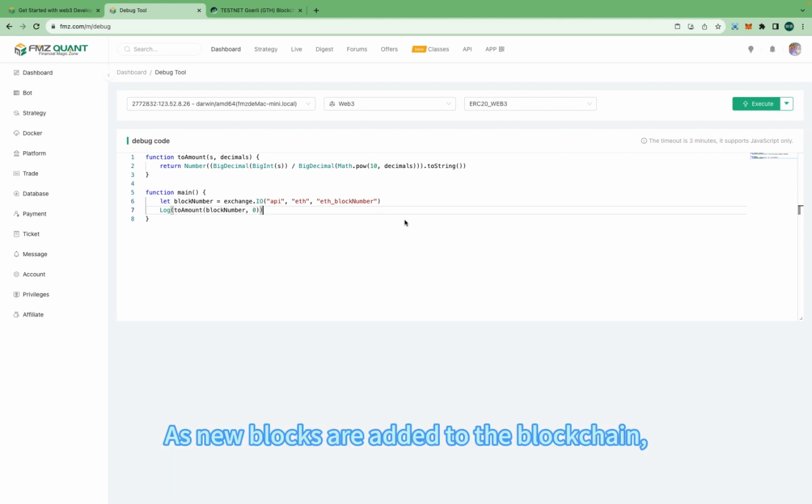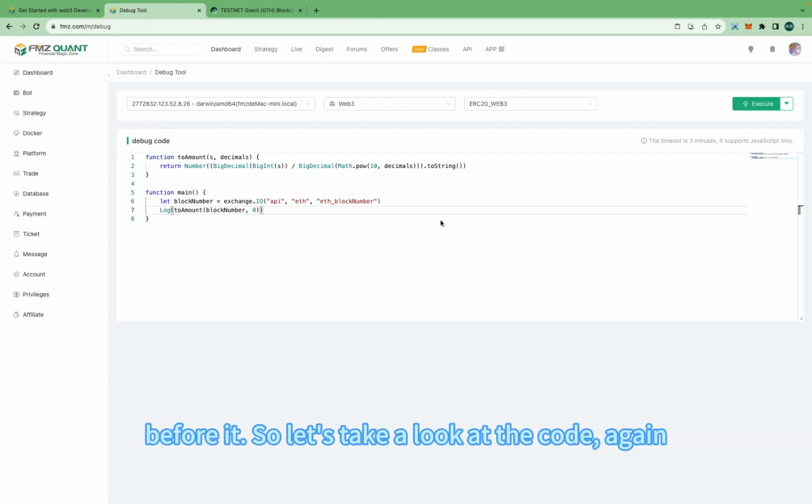As new blocks are added to the blockchain, the block height keeps increasing. Therefore, by querying the block height, we can determine the position of a block and how many blocks have been added to the blockchain before it. So let's take a look at the code.